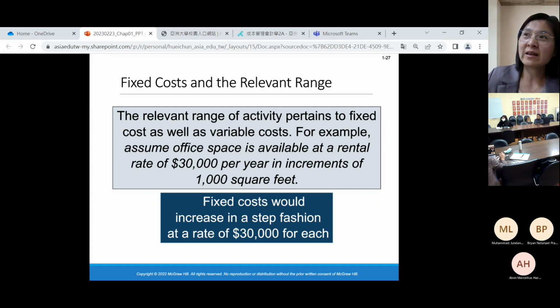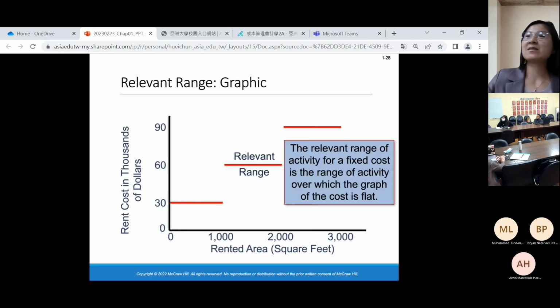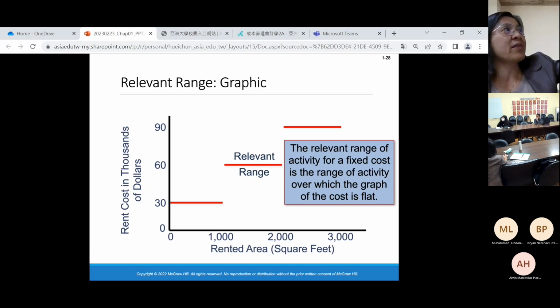If you use all the space, you still pay 30,000. What happens if I need more? Then you have to pay more. If your usage is less than 1,000 square feet, you pay 30,000, but if you want to increase the space you use, then you have to pay another 30,000.